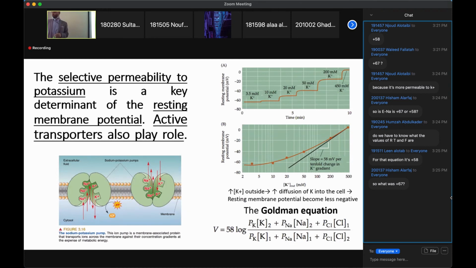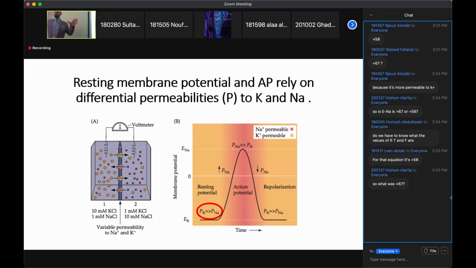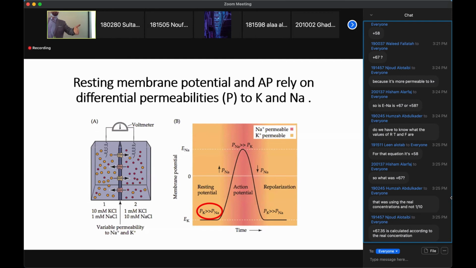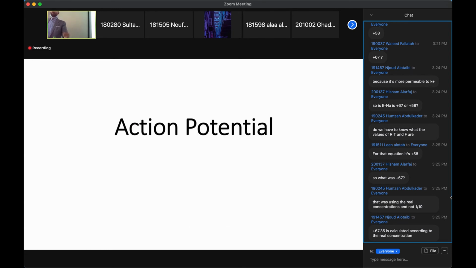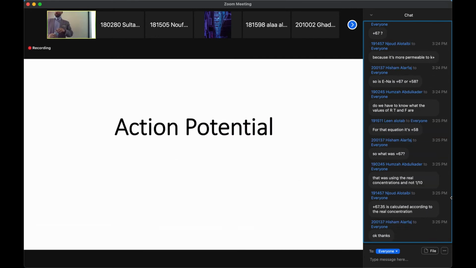And so given what we explained, at the resting state it is at negative 65 because it has a higher permeability to potassium than other ions. And so it's closer to the equilibrium potential for potassium, okay? Any questions so far? All good? Okay, so that was the resting membrane potential. Now we'll talk about the action potential.